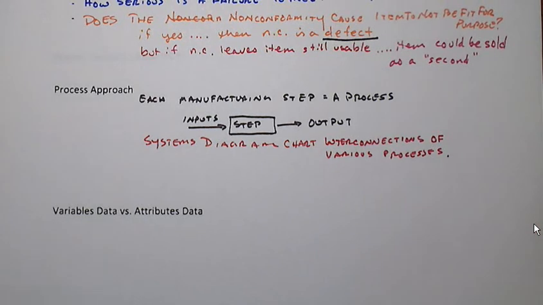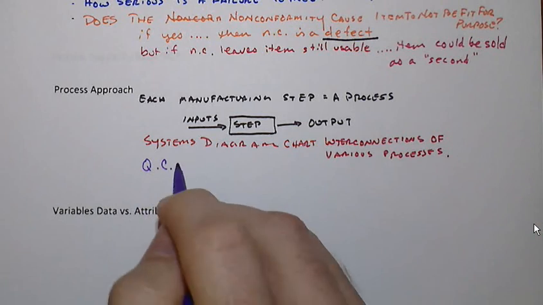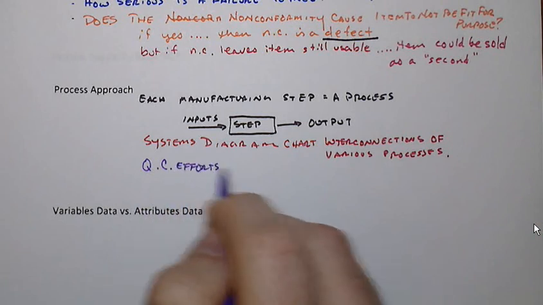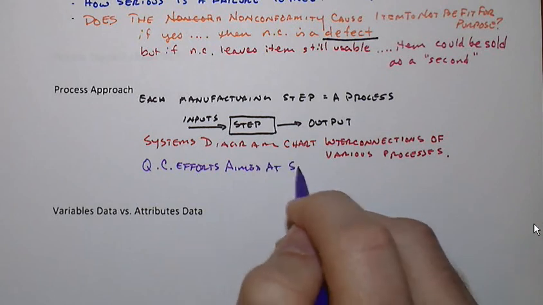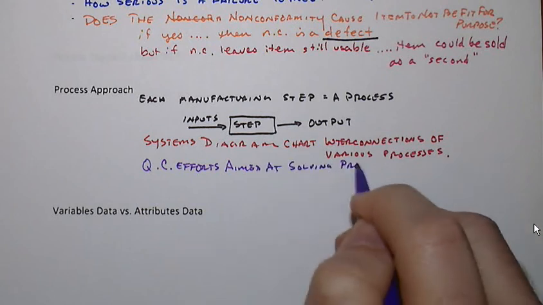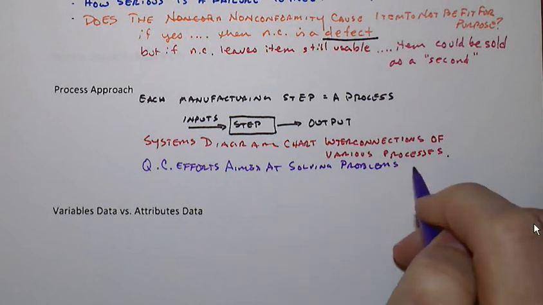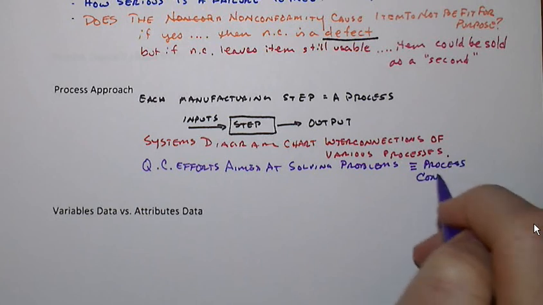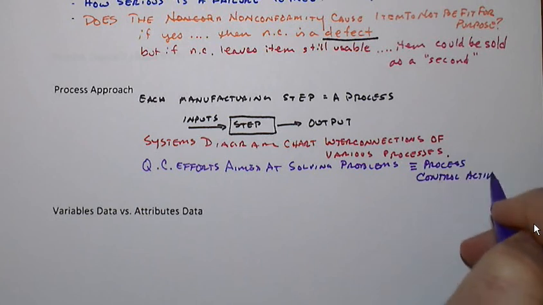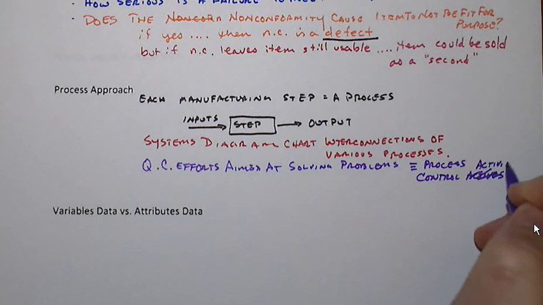And so our quality control efforts then are aimed at solving problems as well as maintaining consistent output. Right? And this becomes process control activities to not only solve problems.